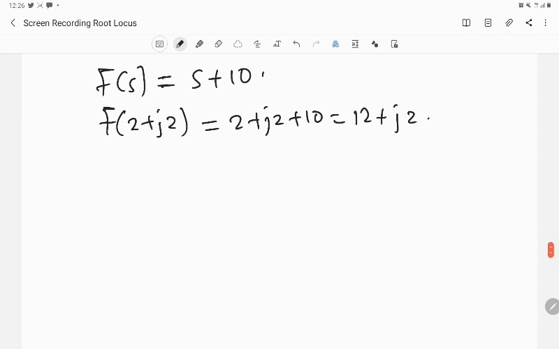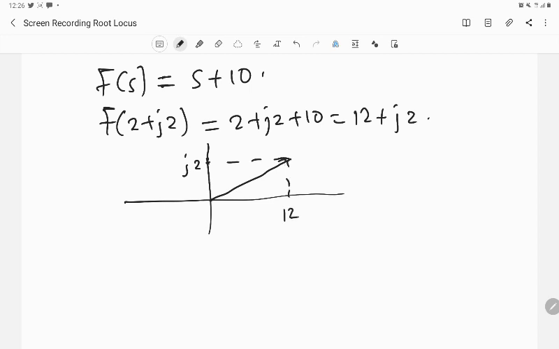I can plot this as the magnitude, so this will be 2, and then this is going to be my 12, so this is the vector.